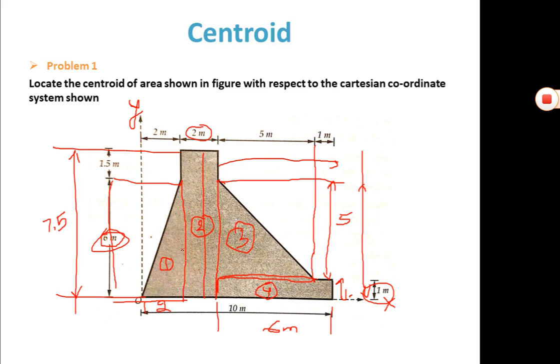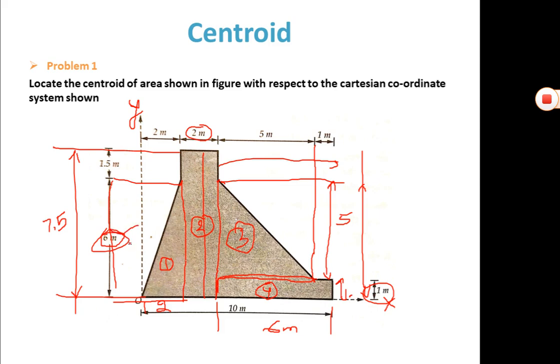So we first subdivided the complex geometrical figure into simple geometric shapes, and we found the dimensions of the subdivided parts. For the first component, a right angle triangle, the base is 2 meter and height is 6 meters.